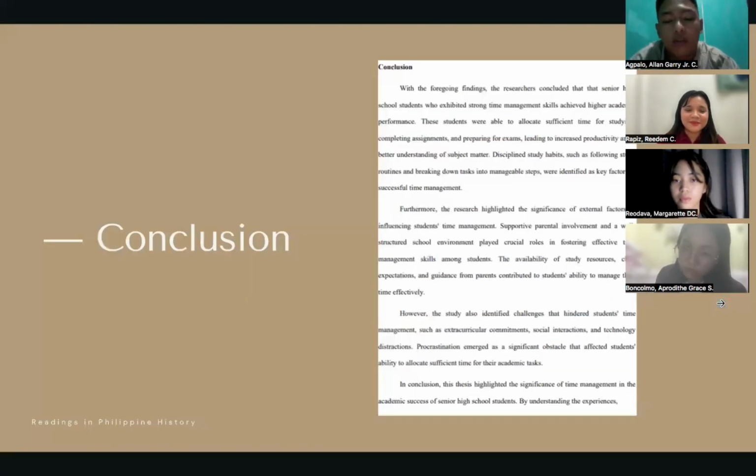So sa conclusion naman, dito na natin pinagsama-sama lahat ng sagot natin and dito tayo makakagawa ng mga kung ano nga ba yung naisip natin during nung ginagawa natin yung mismong research paper. The next.